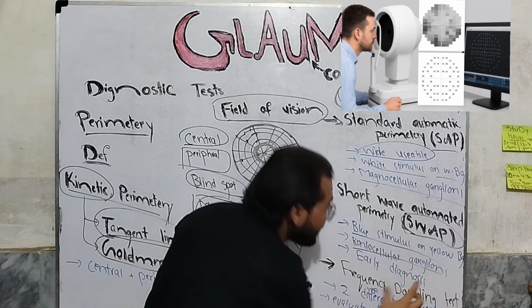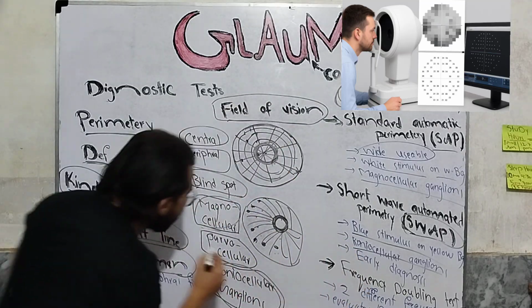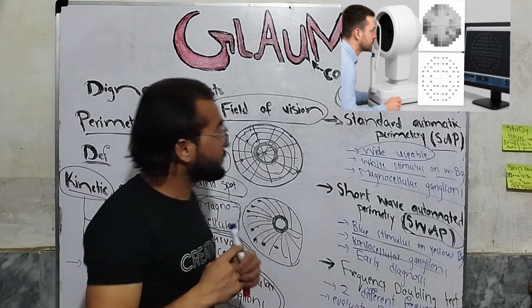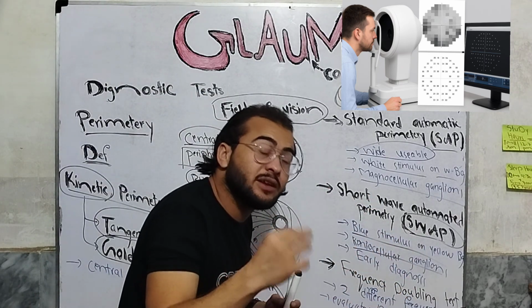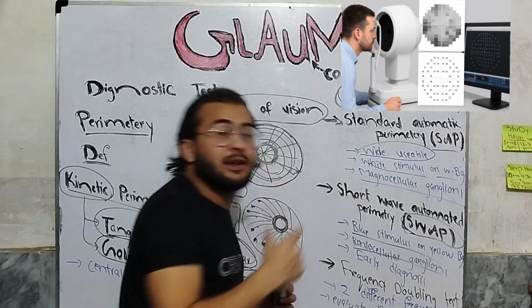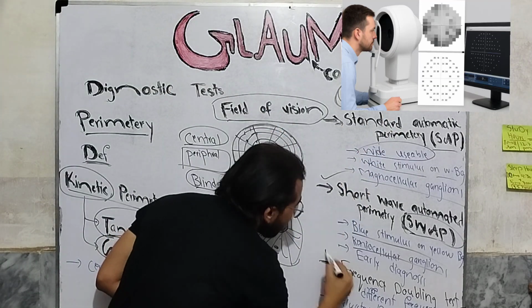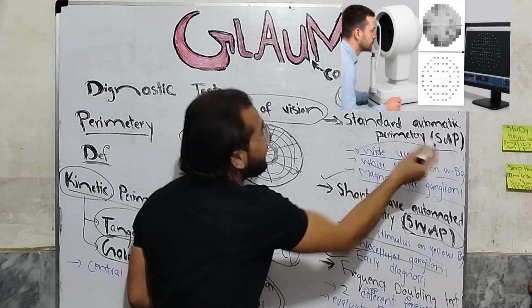In the frequency doubling test, we are using two different frequencies and we are actually evaluating the parvocellular ganglions. Remember, like the SWAP, the frequency doubling test is also detecting the visual field defects earlier in glaucoma than SAP. So SWAP and the frequency doubling test detect visual field defects earlier than SAP.